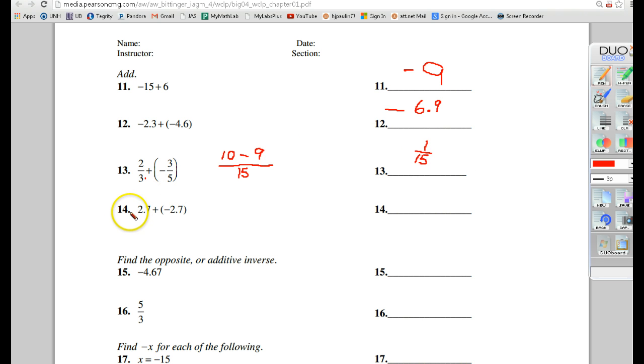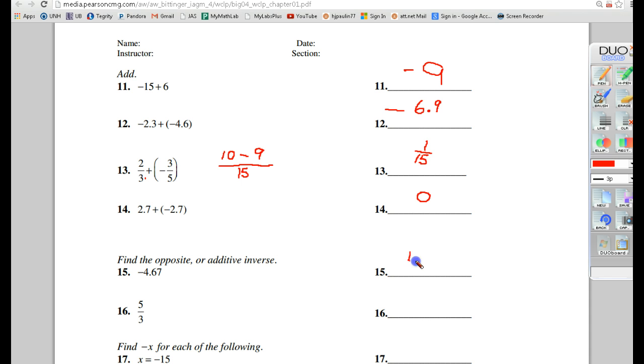Now, as we look at number 14, we see these are opposites, or one is the additive inverse of the other. When we do that, our results are 0. And here they want us to find the opposite or the additive inverse. So generally it's just the opposite sign.